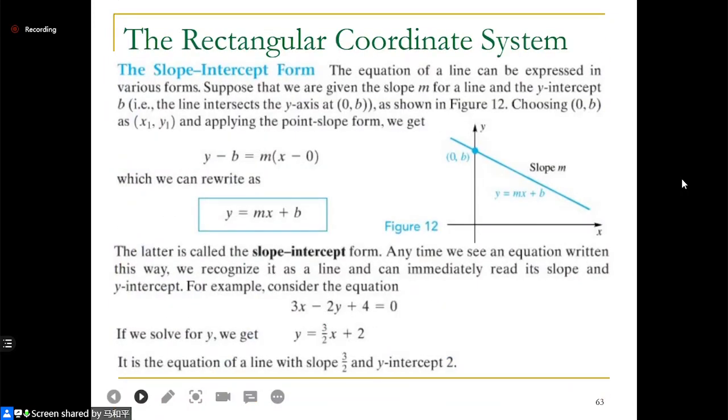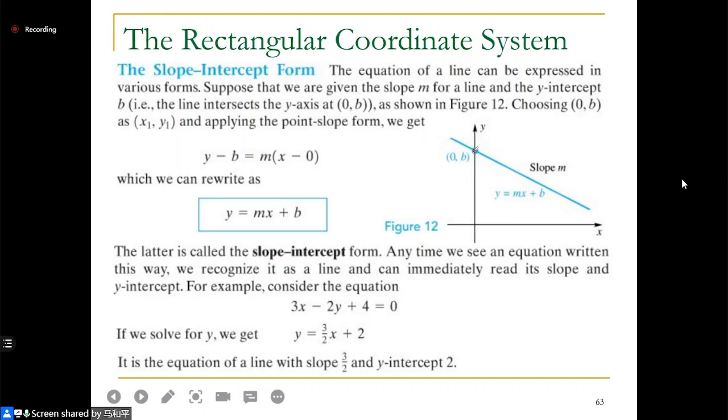And next, we will learn the slope-intercept form. This means the equation of a line can be expressed in various forms. Suppose we are given the slope m for a line and the y-intercept b, like this.